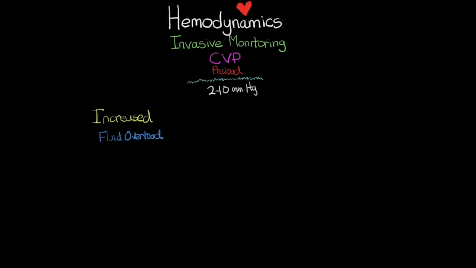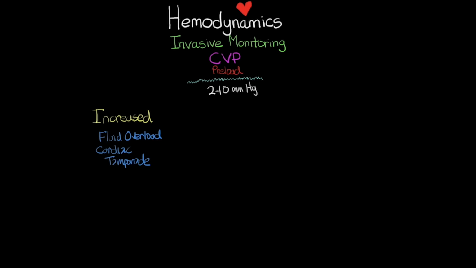Another situation in which you might see an increased CVP would be if your patient is having cardiac tamponade. So in this scenario, the tamponade is preventing the heart from being able to beat effectively, so we are going to get a backup as blood is not passing through the heart, so this will increase our CVP.